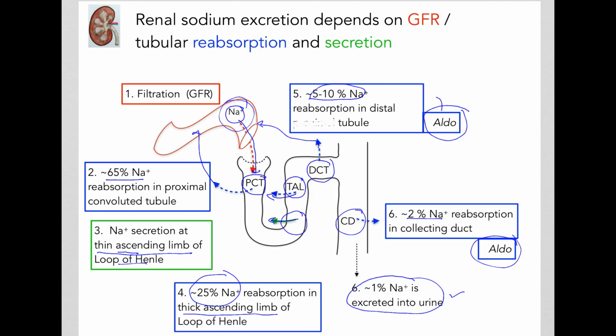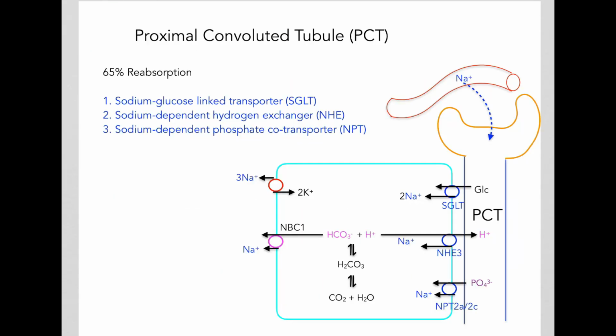aldosterone acts mostly here at the distal convoluted tubule as well as the collecting duct and helps in the reabsorption of sodium. So let's look at the various transport proteins involved in the reabsorption of sodium. At the PCT, we have this sodium glucose linked transporter that helps bring sodium from the tubule cavity back into the bloodstream.